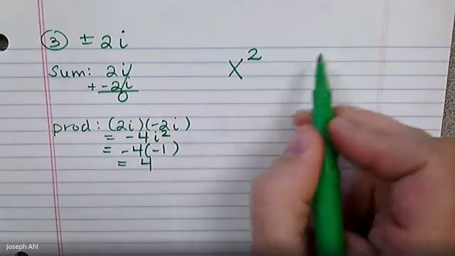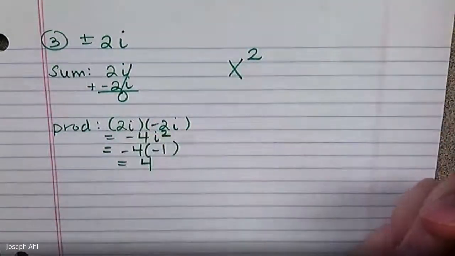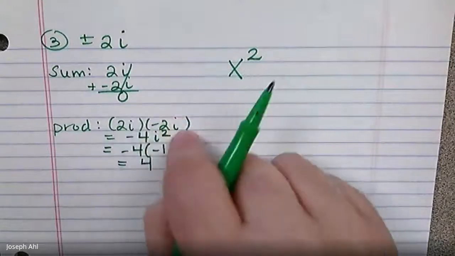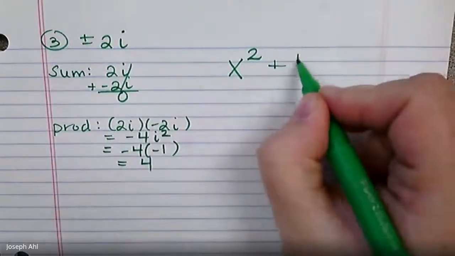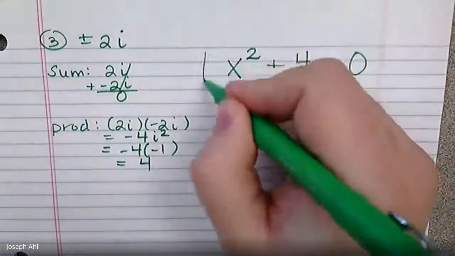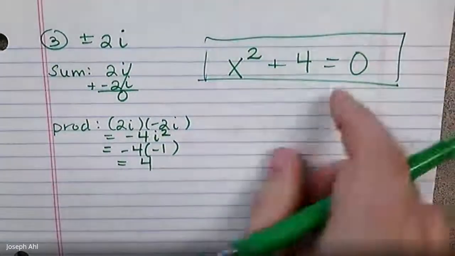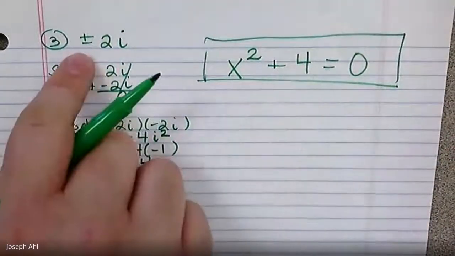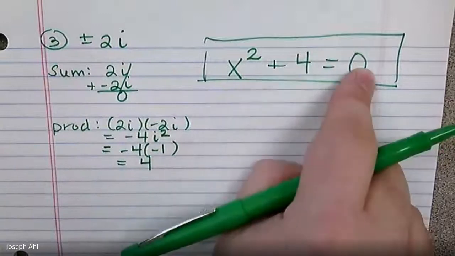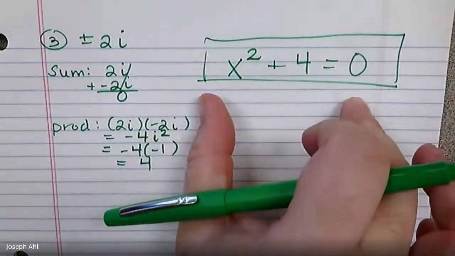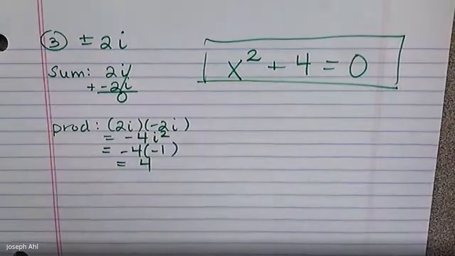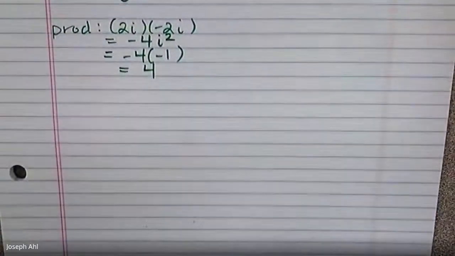Technically, I guess minus 0x, even though we typically wouldn't write that if the coefficient of x is 0. Keep the sign of the product, so plus 4 equals 0. And I can confirm so fast that the roots are plus or minus 2i by subtracting 4, square root, square root. You're going to get those same two roots, so that definitely should be making some sense to us.